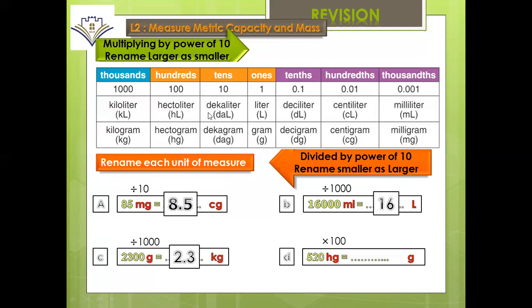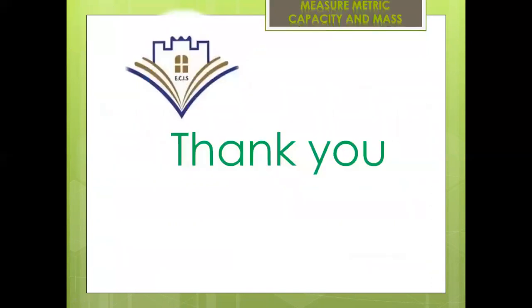How many times do we multiply by 10? Multiply by 10 twice means multiply by 100. Yes, 520 multiplied by 100. How many zeros do we put down? 3 zeros, and 52 times 1 equals 52, then the answer is 52,000. Okay, thank you, my students.